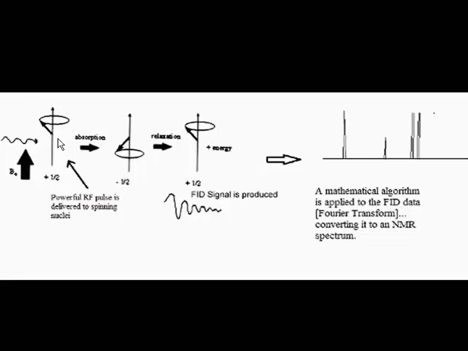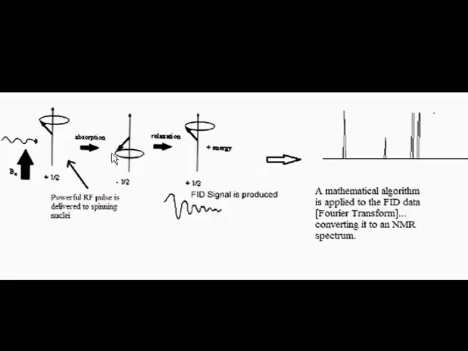Remember, the against field alignment is the higher energy state. A powerful RF pulse is next delivered to the precessing nuclei. This causes essentially all of the spinning nuclei to be excited, to basically flip to the higher energy state.